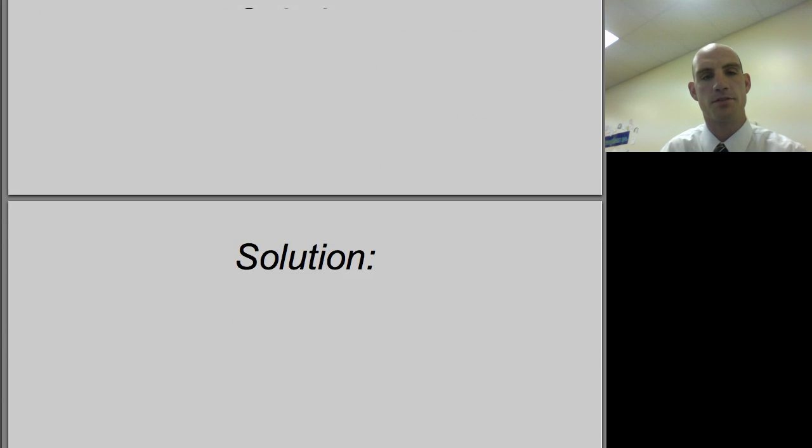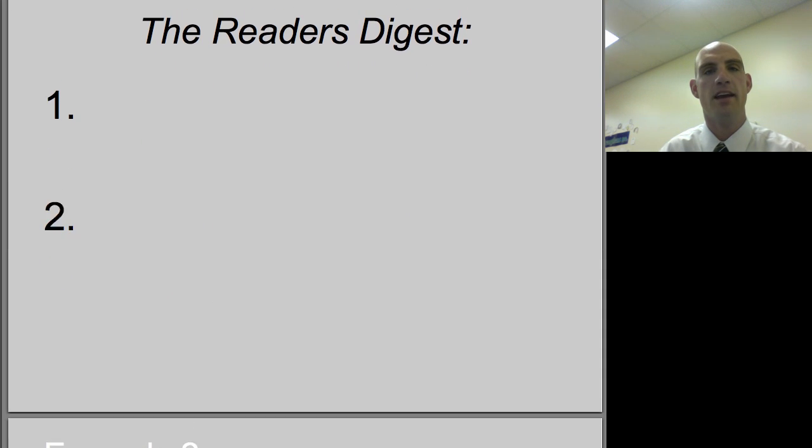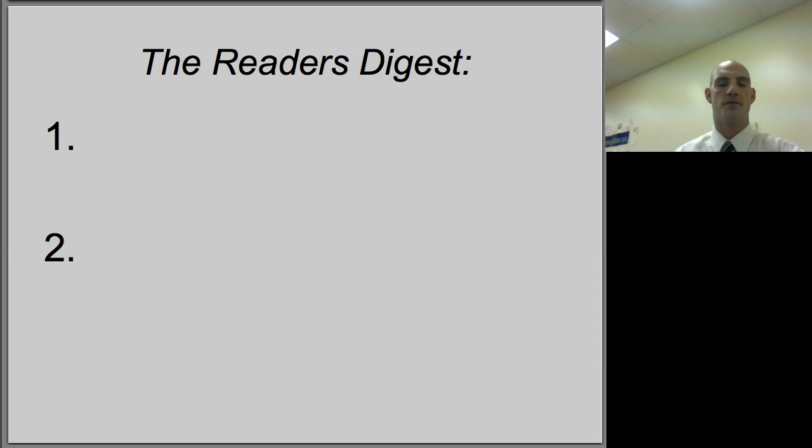And so I'm going to skip a couple slides here and give you kind of the Reader's Digest version. When we're dealing with these kinds of equations, we're dealing with things that have a variable that's having something multiplied by it, or it's being divided by something, and we're adding or subtracting. And so there's two things that happen.